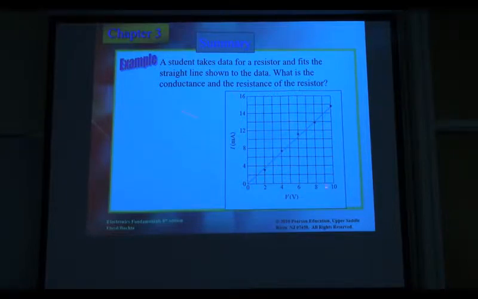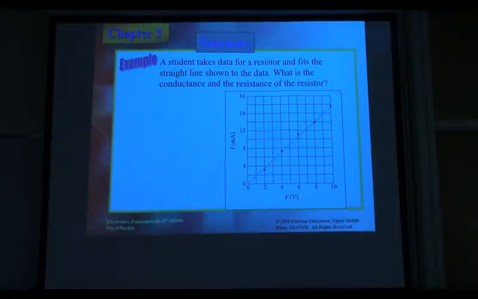The voltage change from this point to this point is from 0 to 10, so that means V equals 10. So the resistance will be 10 divided by 14.8 times 10 to the negative 3. So that is the resistance.